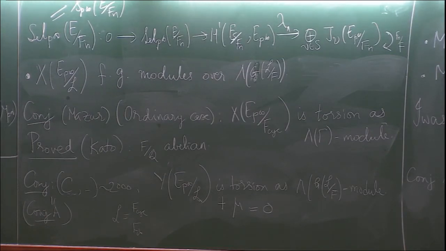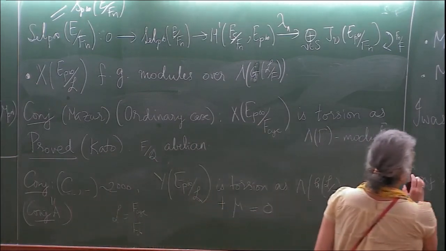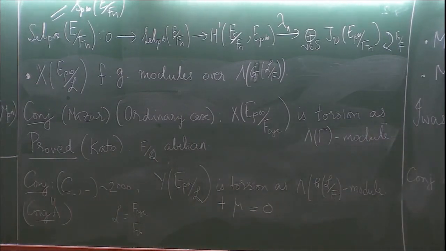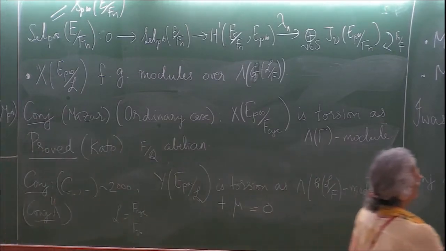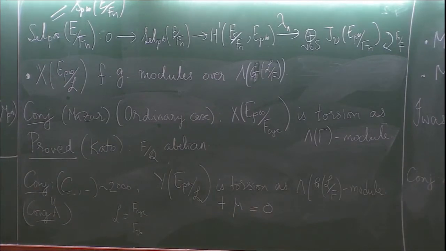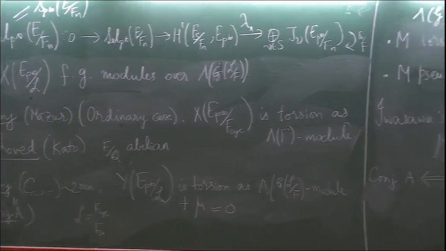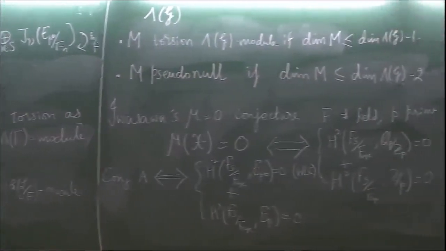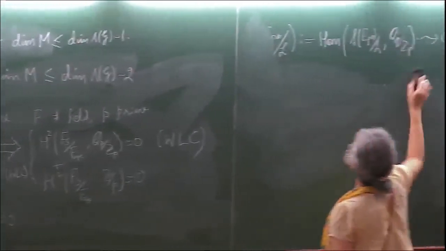All right, so now what can we prove in this case? Okay, the next conjecture that we made was called conjecture B. So let me remove this Iwasawa's classical conjecture.